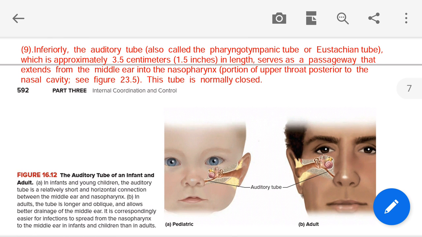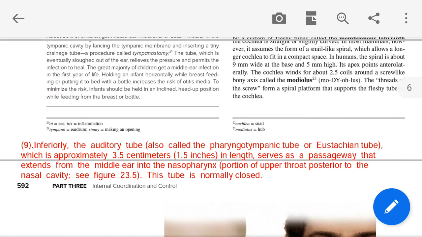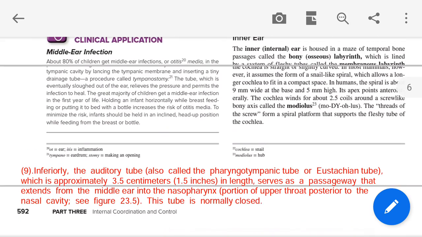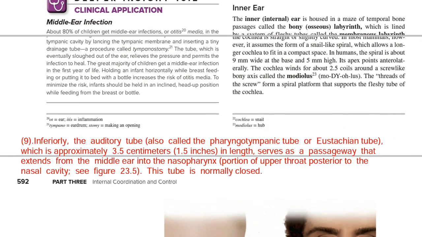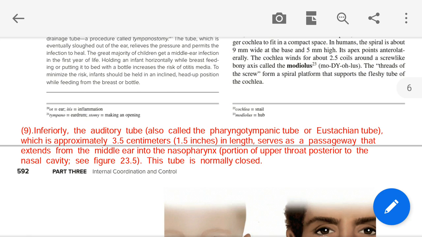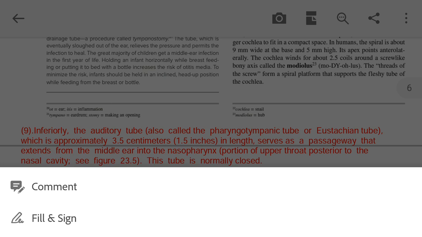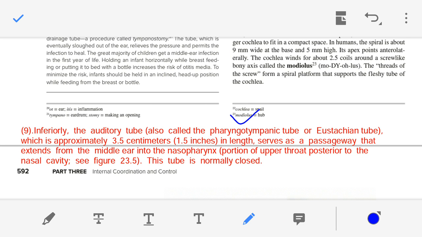Now, inferiorly, the auditory tube is present. Inferior to the middle ear, one tube is present, and this tube is known as the auditory tube. The auditory tube is also known as the pharyngo-tympanic tube or Eustachian tube.